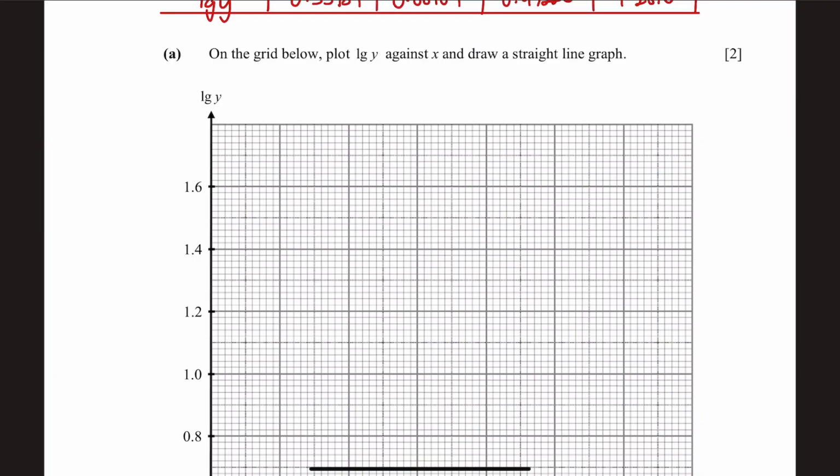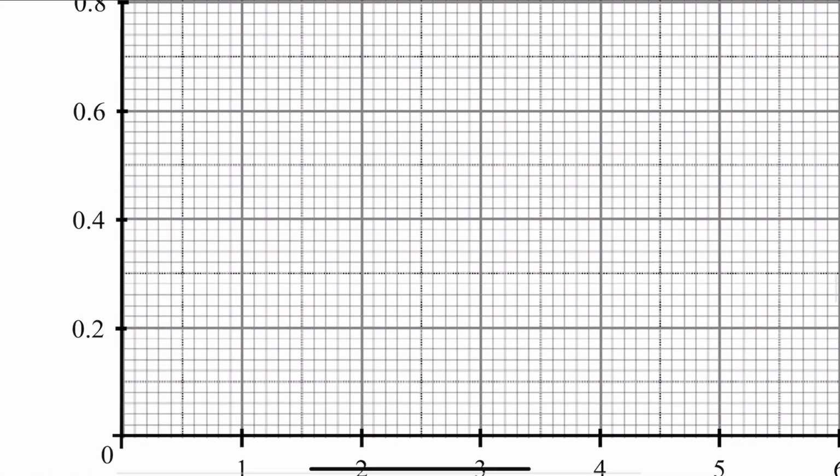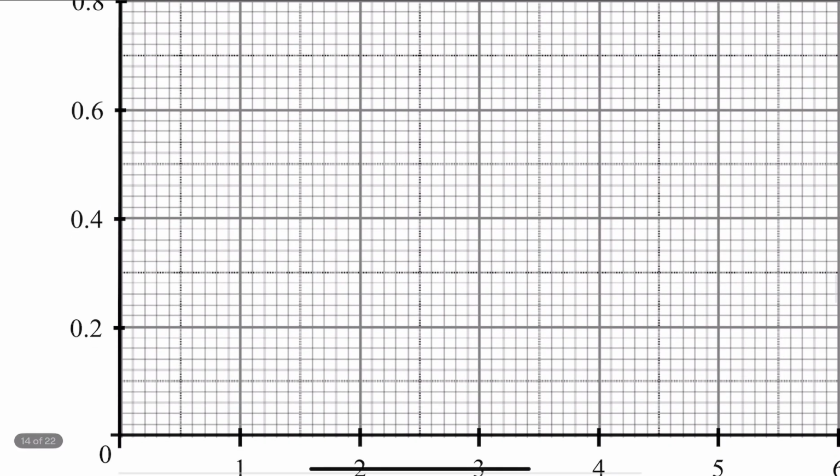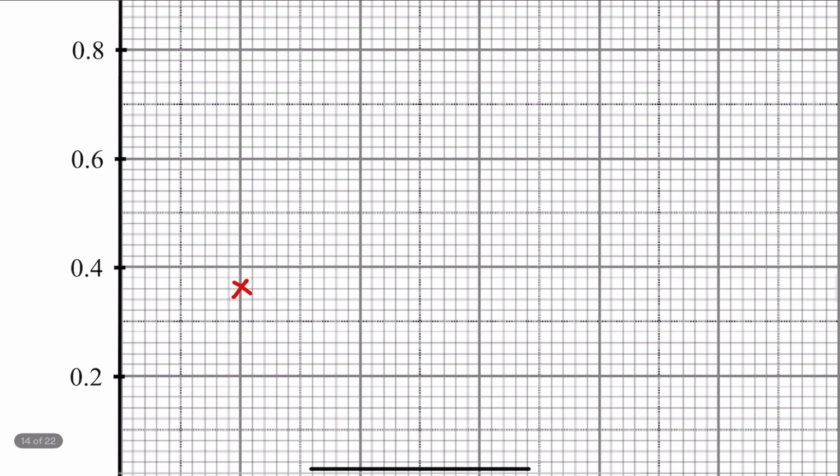Your points should look something like this. x is 1, y is somewhere here. 2, 3.